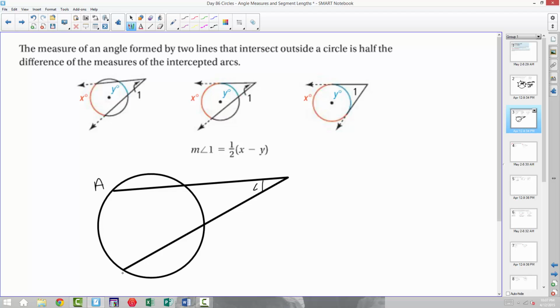So I'll have A, B, C, and D. So angle 1 is going to be equal to the measure of arc AB minus the measure of arc CD times a half.